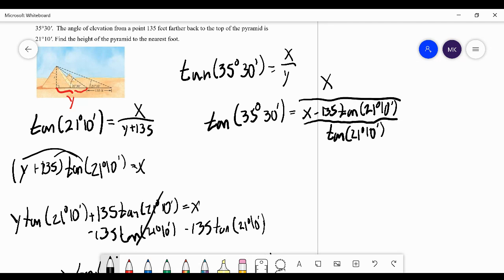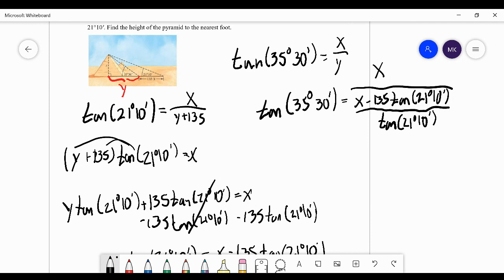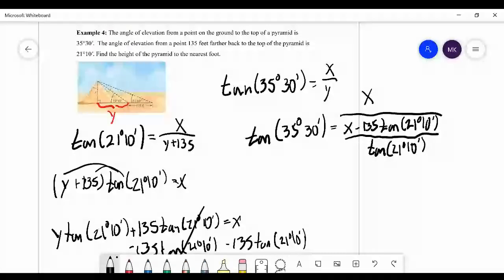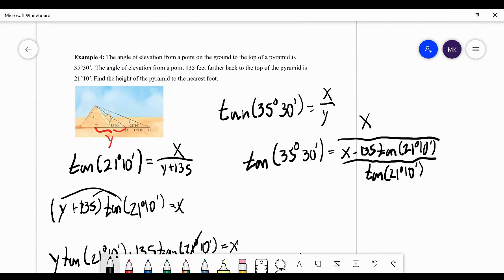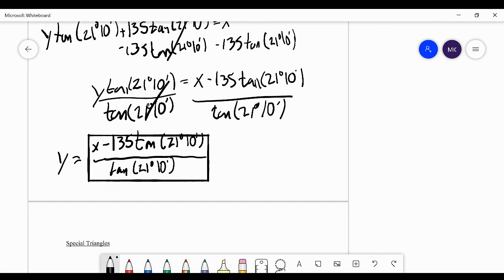From here, it's just a bunch of algebra to isolate these x's. And quite frankly, it's tedious and unnecessary. This is very similar to another problem that I've done in the past that was much simpler, and that's what I thought this was. So I apologize. Skip this. Let's move on.